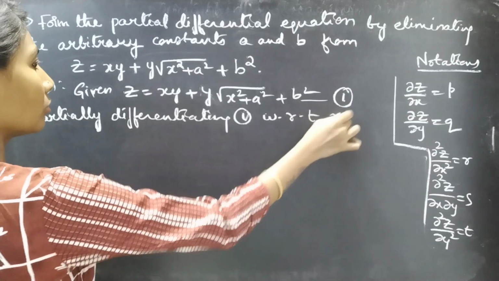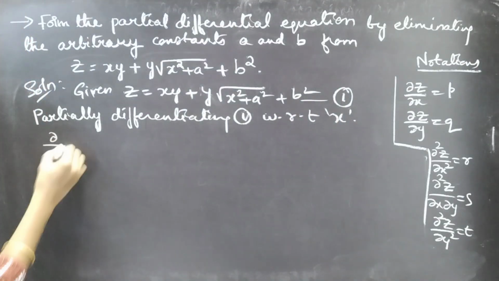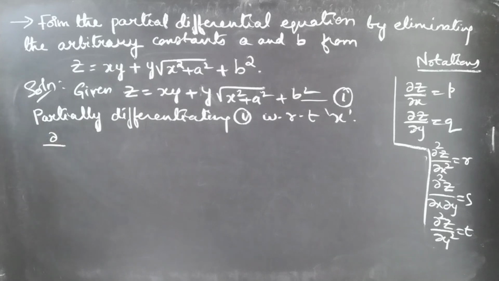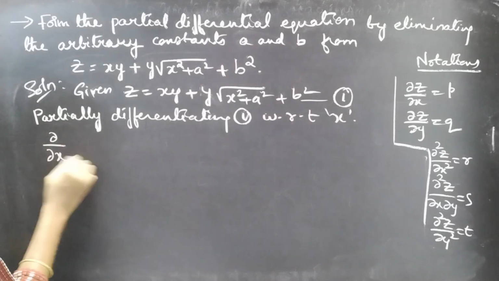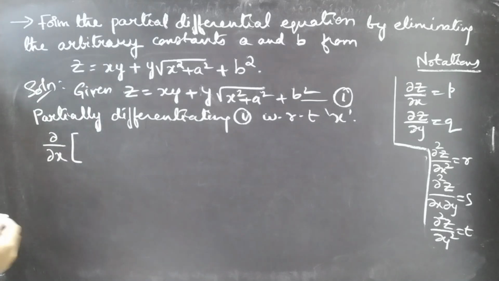Here I'll show you the detailed process by increasing the number of steps, and again we'll solve the same problem by reducing the number of steps. So just apply dou by dou x on both sides of 1.